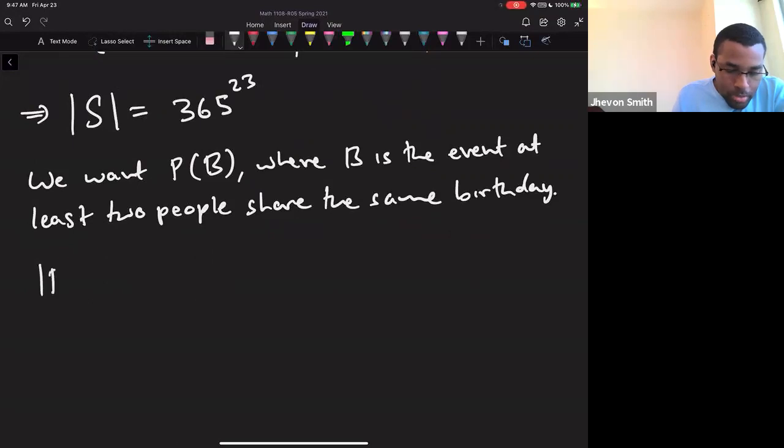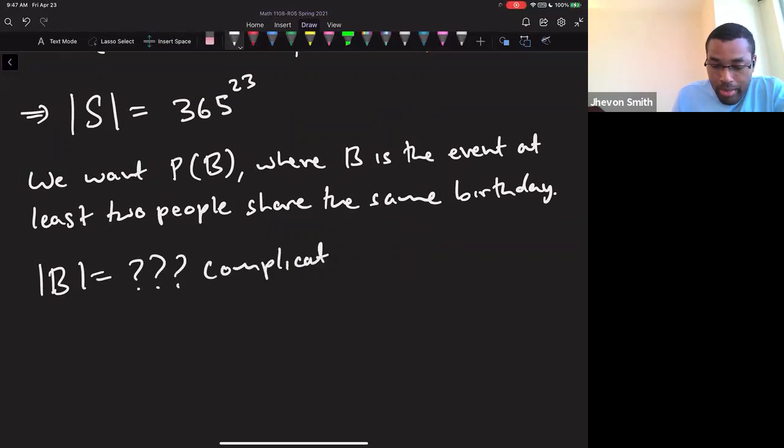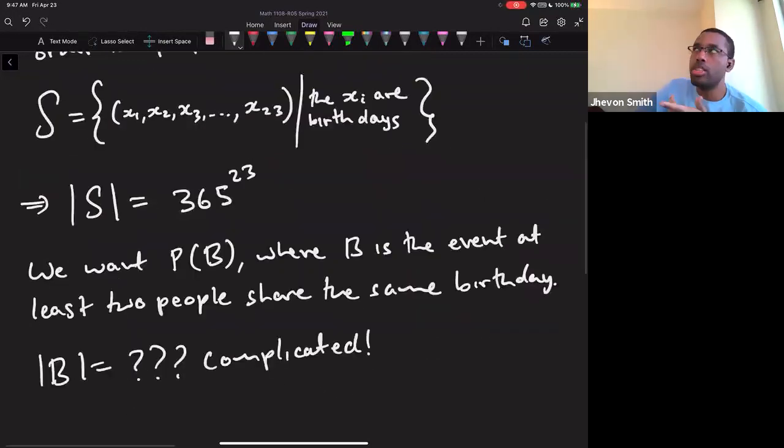Now, the size of B is pretty complicated, not gonna lie. Because what would it mean? Remember, at least two people means 2 or 3 or 4 or 5 or 6, all the way up to 23 people share the same birthday. But even within any one of those, there's so many options.